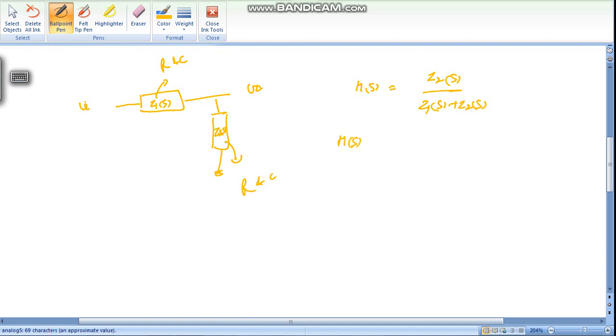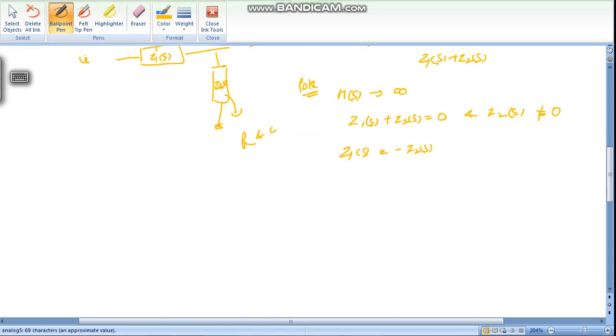H(s) goes to infinity only when Z1(s) plus Z2(s) equals 0 and Z2(s) is not 0. It means Z1(s) equals minus Z2(s). This is the condition for a pole. And what is the condition for a zero?